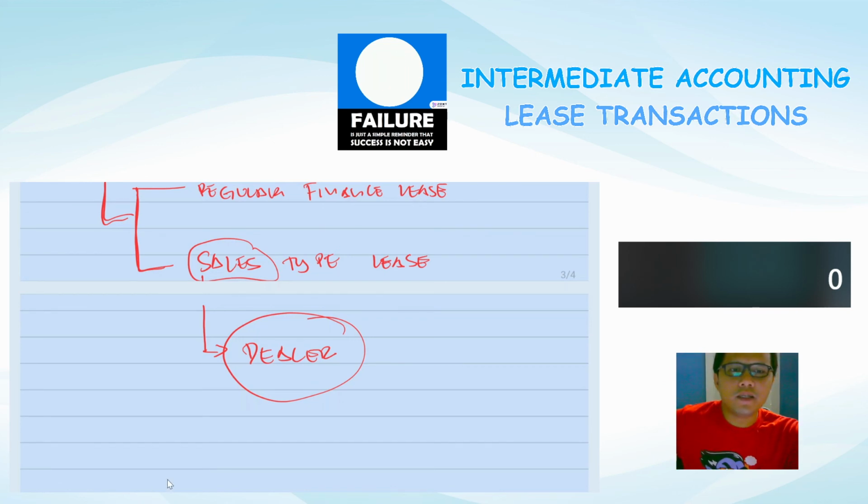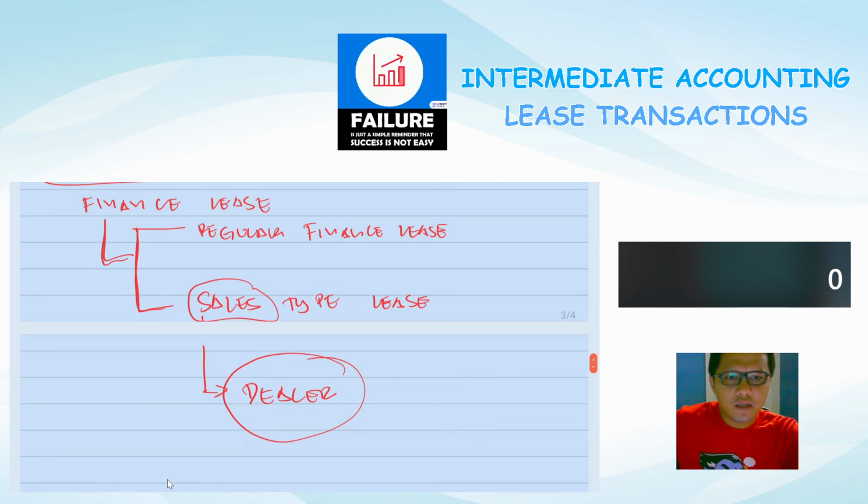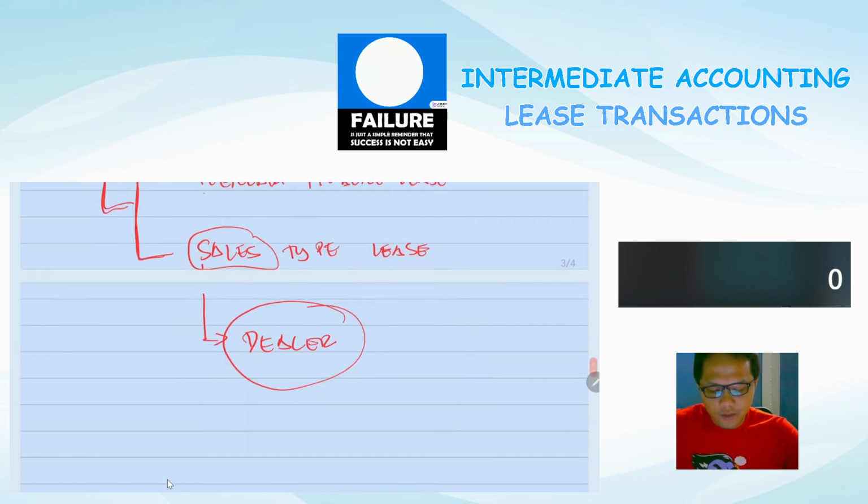So, the point is, pag regular finance lease lang, yung recognition natin dito for the lessor, just remember this because later on we will go further with this, ha.